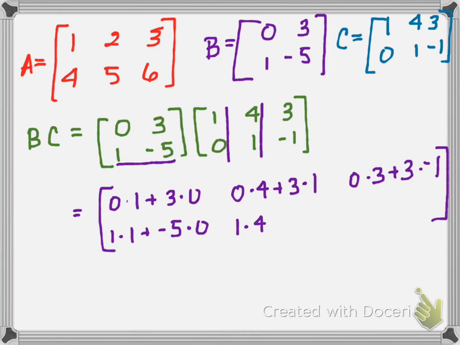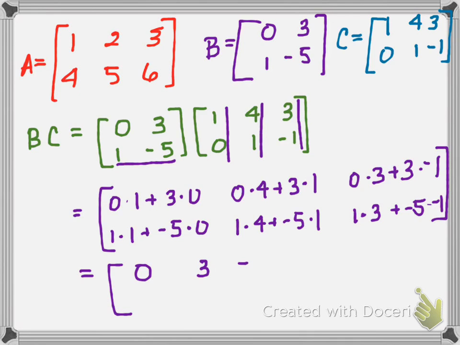So I get 1 times 4 plus negative 5 times 1. And lastly, the second row, third column. So I get 1 times 3 plus negative 5 times negative 1. So in all, when I multiply these two, I get 0, 3, negative 3, 1, negative 1, 8. Okay. This one takes some practice. Please practice on your own.